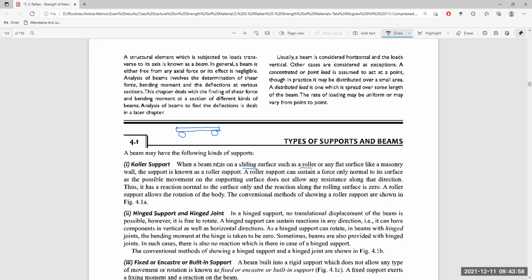This roller support can sustain a load normal to the surface, as the possible movement of the supporting surface does not allow any resistance along this direction. So here it can carry load only vertically like this, not horizontal or inclined load.